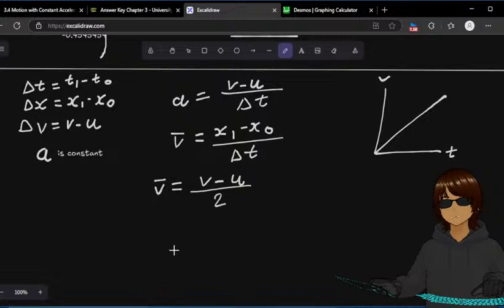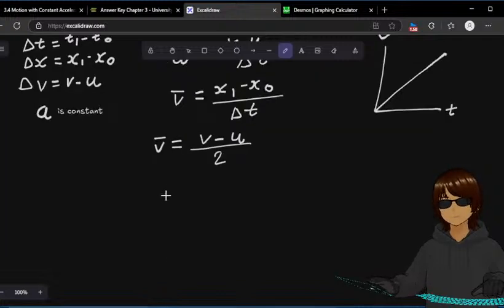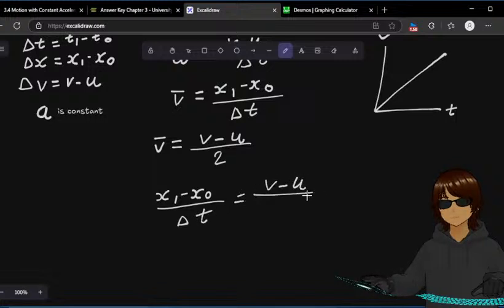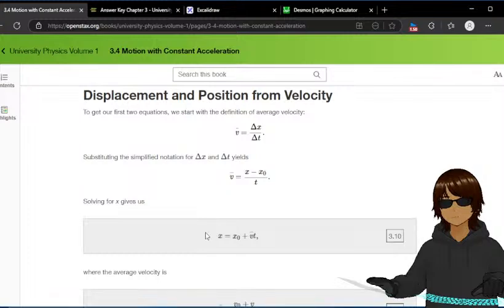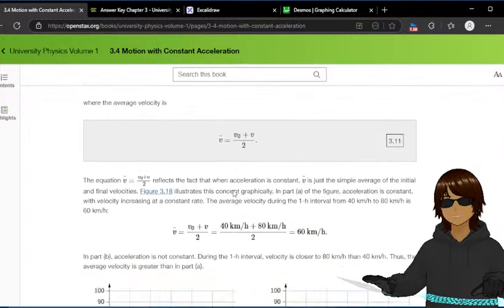They got this from here. We got this. Average velocity is these two divided by two.